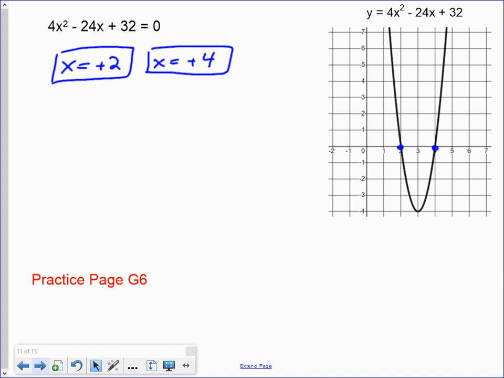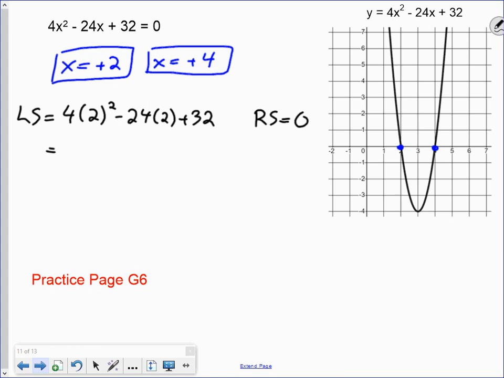If I wanted to check this, I could go ahead and do all of the factoring, or I could check it just by subbing in these numbers into this equation, doing a left side, right side check. So let's just check one of these solutions by subbing, let's do x equals 2 into our left side. And we know that our right side should be 0.